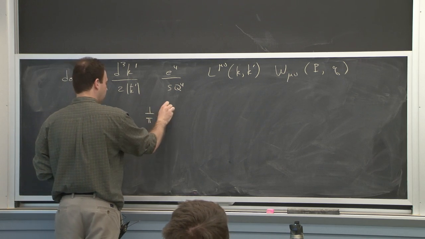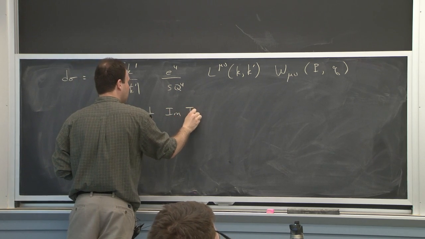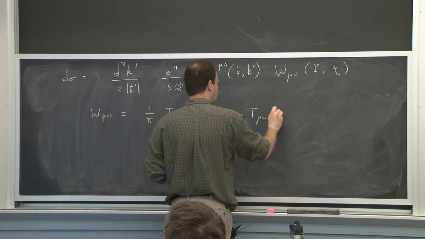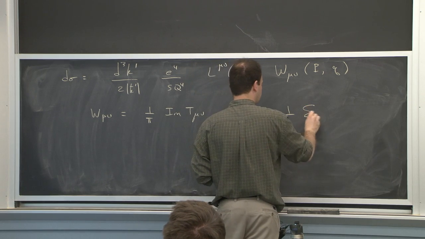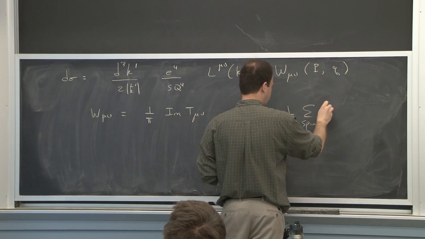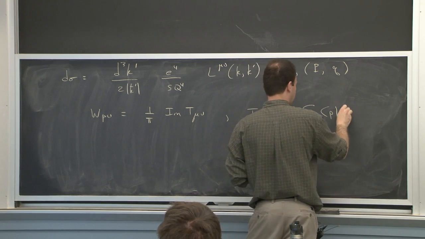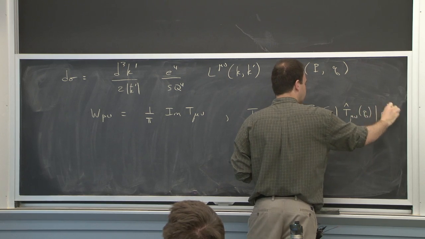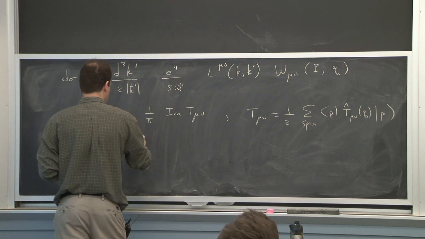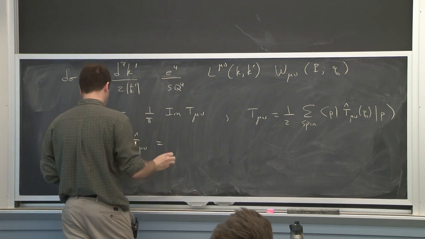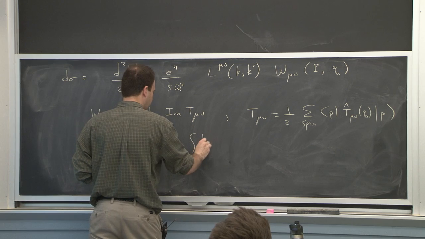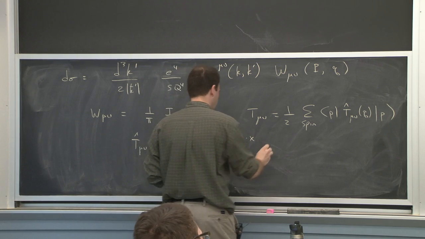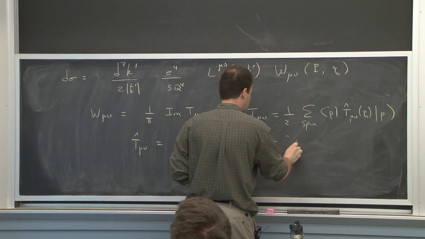And the hadronic tensor can be written as the imaginary part of some T, where T is the following thing. We haven't used any perturbation theory to write this down. We've just worked to all orders and basically used the optical theorem. So T is the time-ordered product of the two currents.